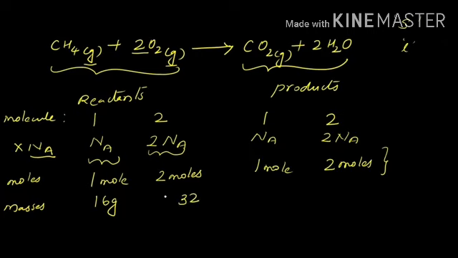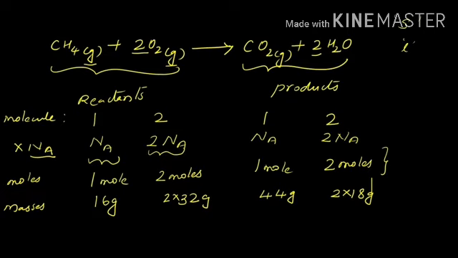Then 2O2, oxygen. A single oxygen atom has an atomic mass of 16. So 16 into 2, then into 2. Total 4 atoms of oxygen are there, so it will be 32 into 2, that is 64. Carbon dioxide is 44 gram: carbon 12, oxygen 16, so 12 plus 16 into 2. Then H2O, 2 into 18. I hope you remember how to calculate the molecular masses of these compounds.